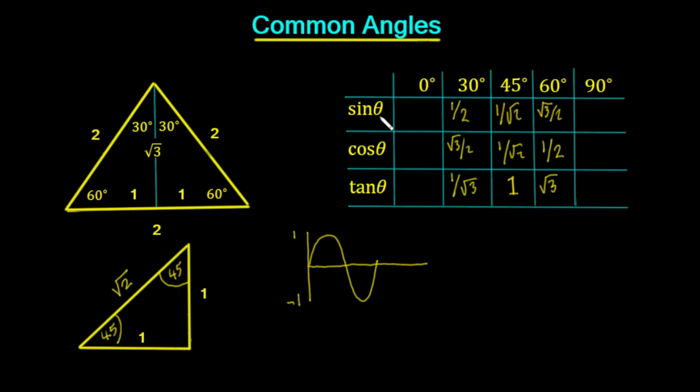So the sine of 0 degrees is, well, the height of this function at 0 is 0. And the sine of 90 degrees, well, if this is 180 degrees here, then halfway along here is the 90 degrees. And we're going all the way up to a value of 1.